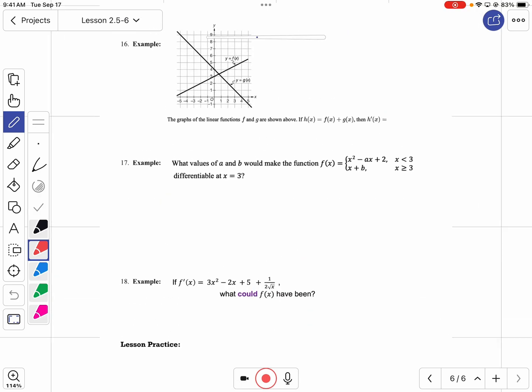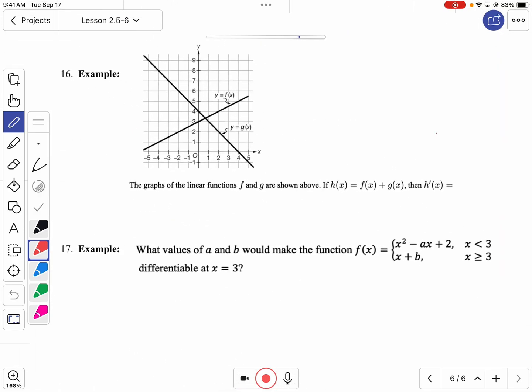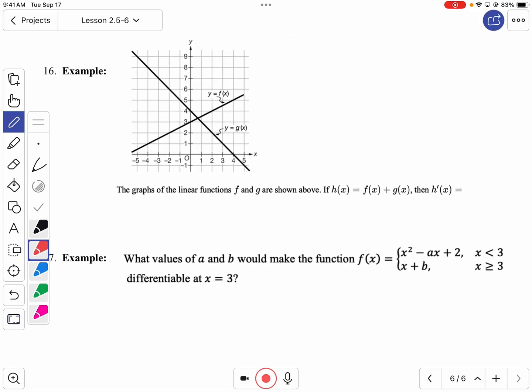All right. Last one. Let's look at this one. It says the graph of the linear functions f and g are shown above. If h of x is equal to f of x plus g of x, then what's h prime equal to? Well, the first thing I need to notice is that both of those functions are linear. So what does that mean their derivative is going to be? It's going to be a constant slope. So if I'm looking for h prime at x, I need the slope of f plus the slope of g.